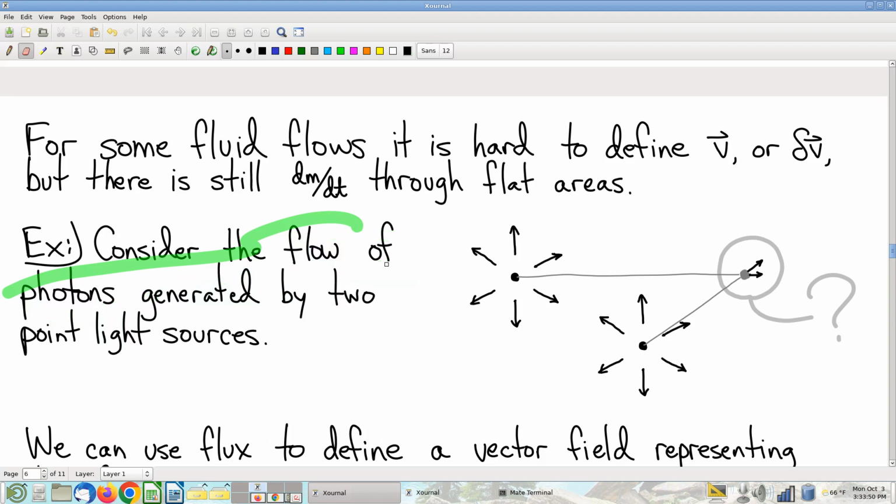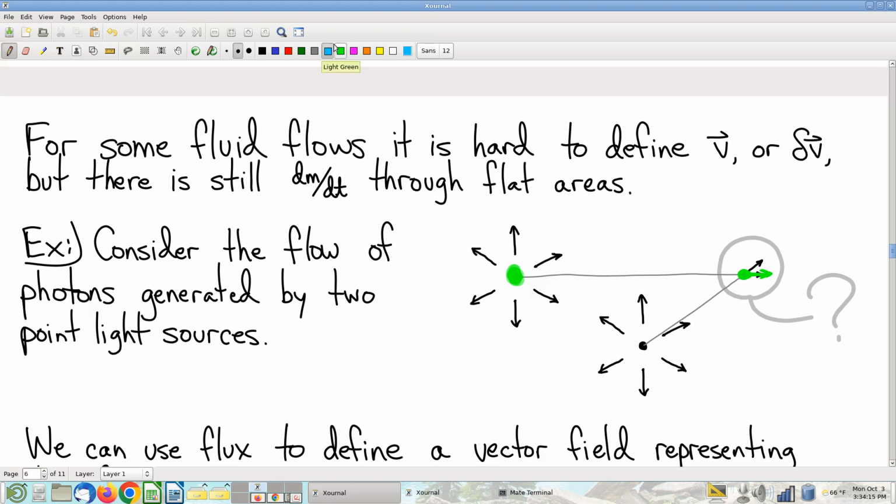Let's think about what happens if you have a light source right there. That light source is going to be emitting photons every which way. Among other things, at this point it will be emitting photons that go that way, of course, because the photons always go away from the light source.